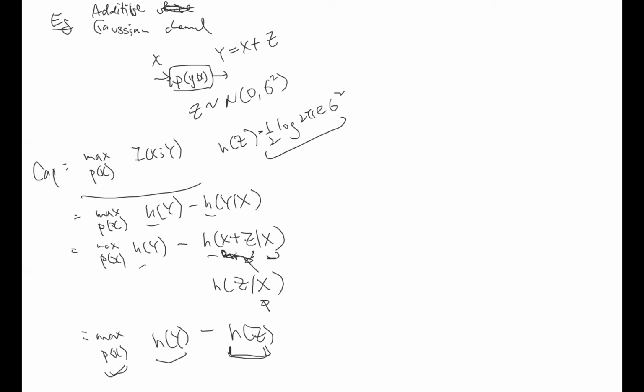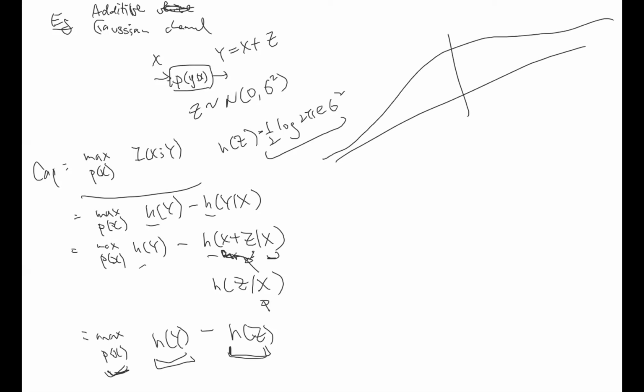If I didn't put in any constraint on X here, then I can make this H(Y) unbounded, right? Think of X as any signal with infinite power, then Y will have infinite power as well. What we mean by infinite power is that Y can spread to infinity, right?